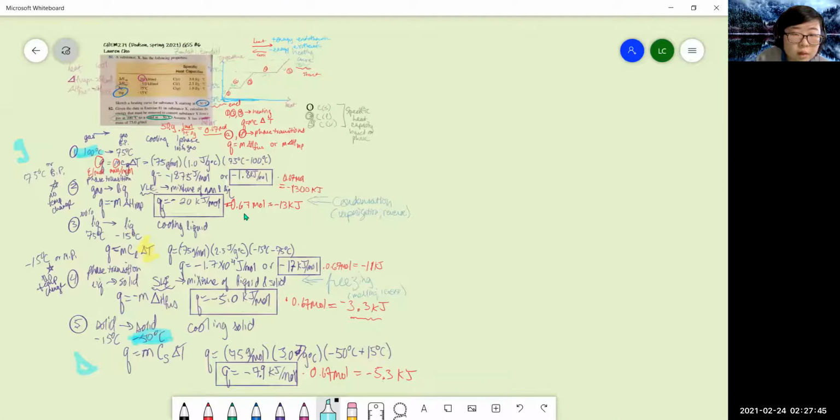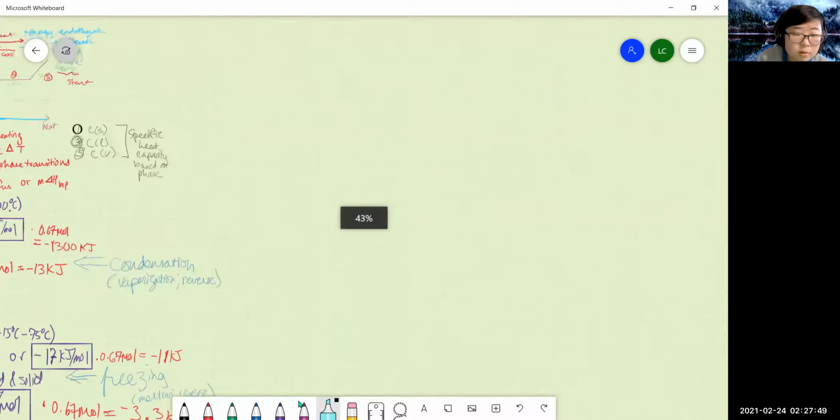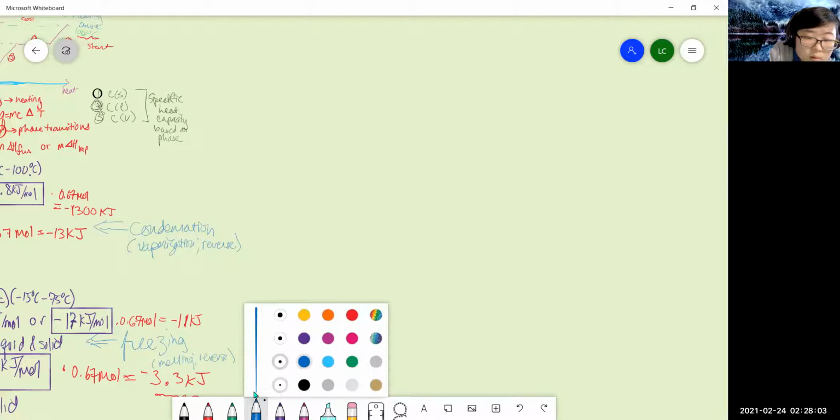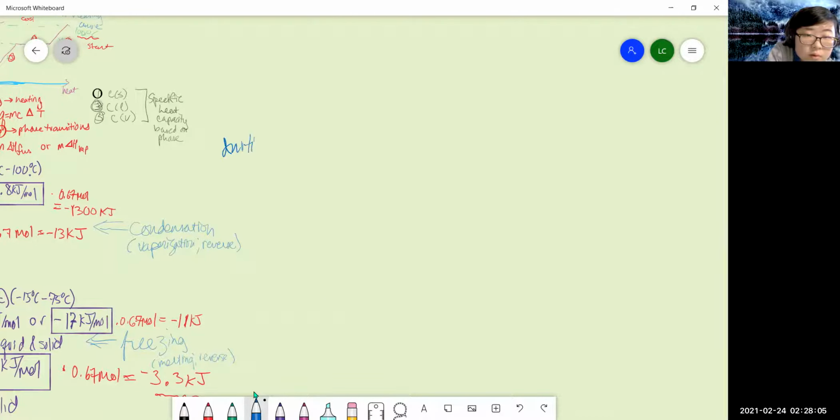So you just need to partition this out. So the questions to ask yourself, I'm gonna keep this short, but what is the initial phase? This is really hard to see. So you just need to ask yourself initial phase or state, and then the temperature it is at, to the final phase and temperature.